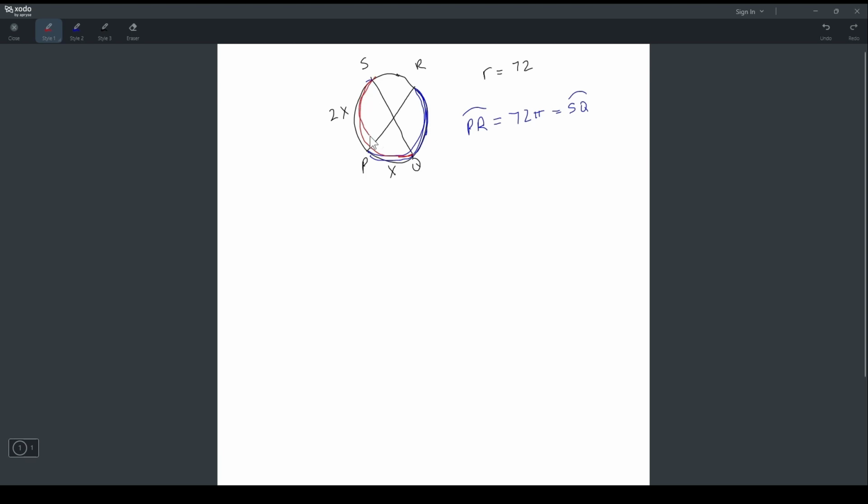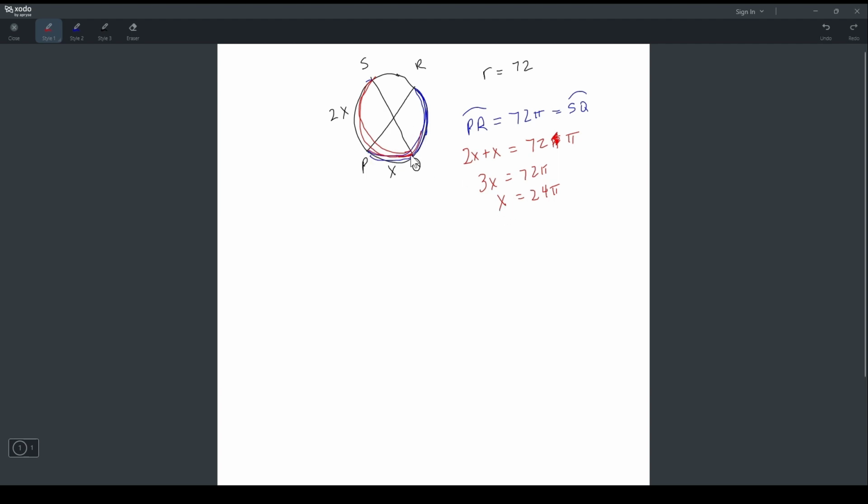I see. 2x plus x. There you go. 2x plus x. Gotta be 72 pi. 3x equals 72 pi. x equals 24 pi, right? But wait, I think I just wasted time because, did they say PR?